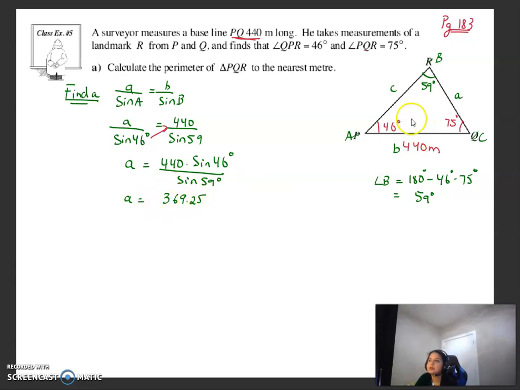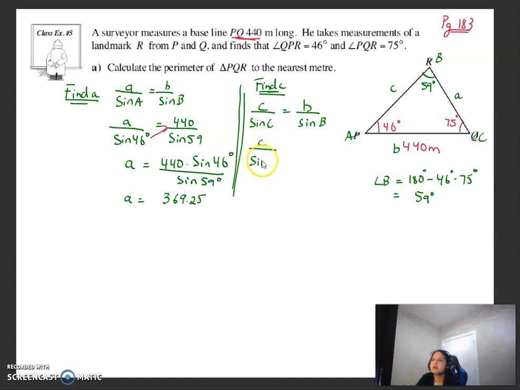Now we still need to find C. So we will do the same process but with the C pair now. So C over sine of C is equal to B over sine of B. Looking for C, sine of 75 degrees is equal to B, which is 440 over sine of 59.